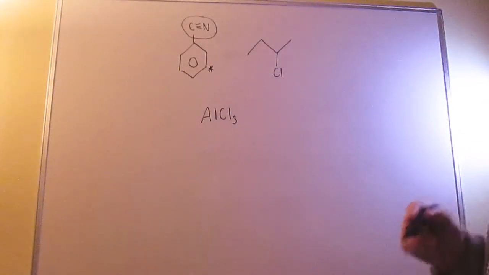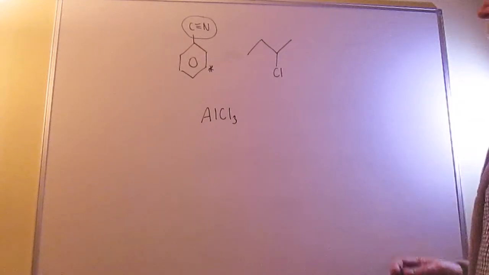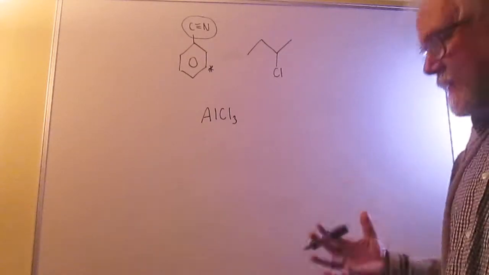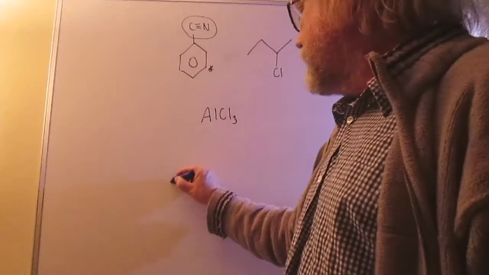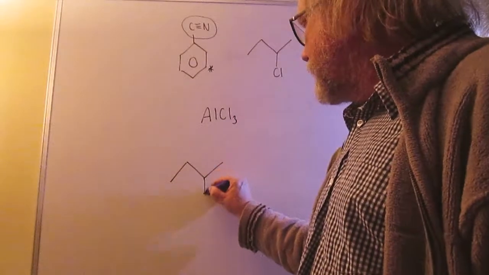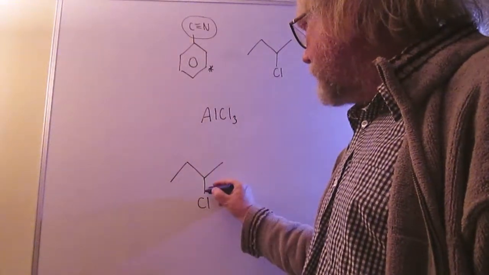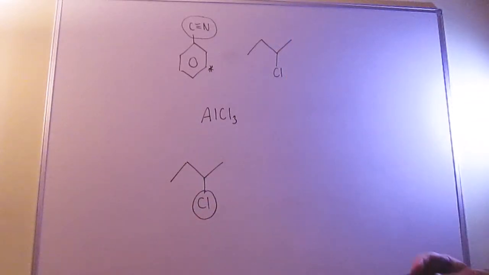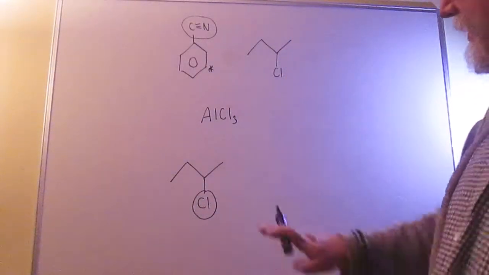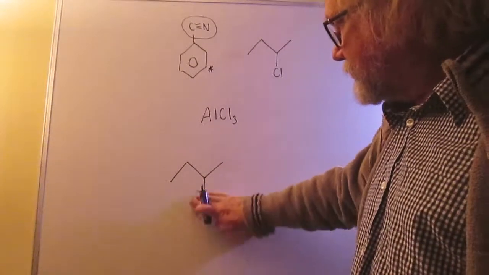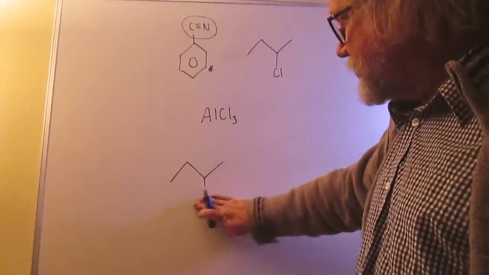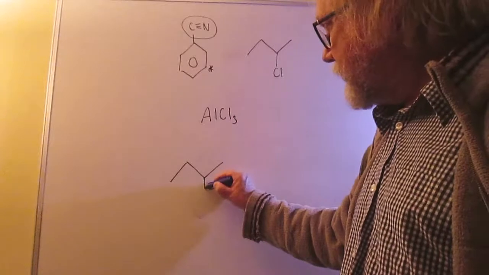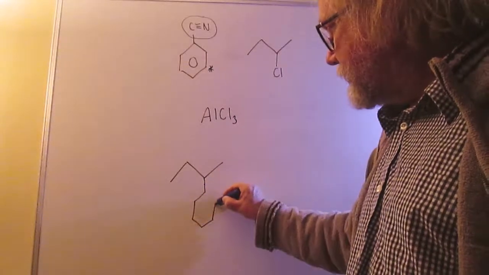So the next thing you need to remember is how Friedel-Crafts reactions work, and the easy way to think about that is to remember that all that basically happens is that wherever your halogen is in your haloalkane, when the reaction happens, the halogen is lost because it goes off to form HCl and it gets replaced by the ring.